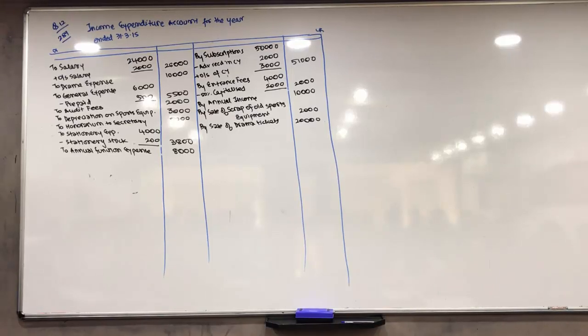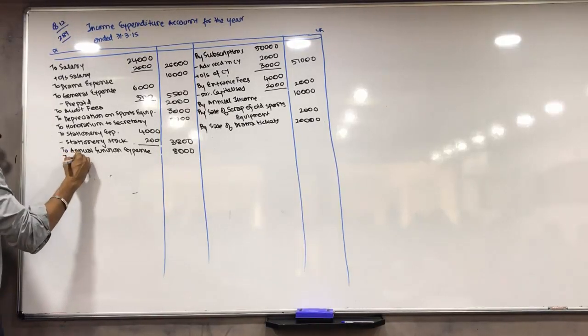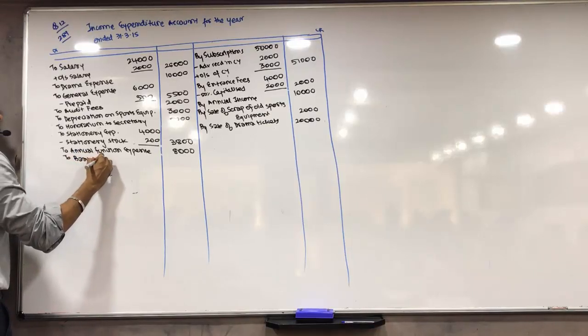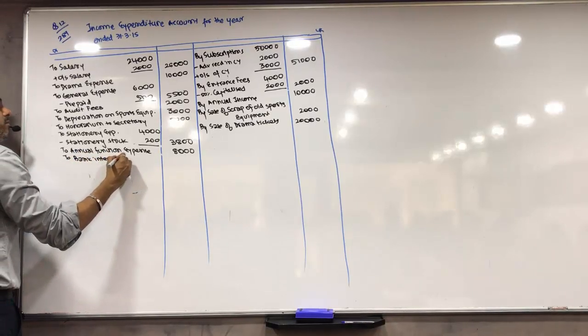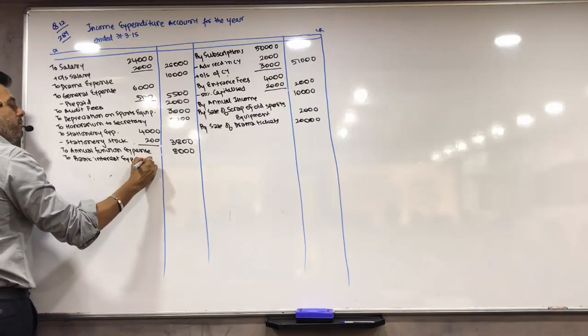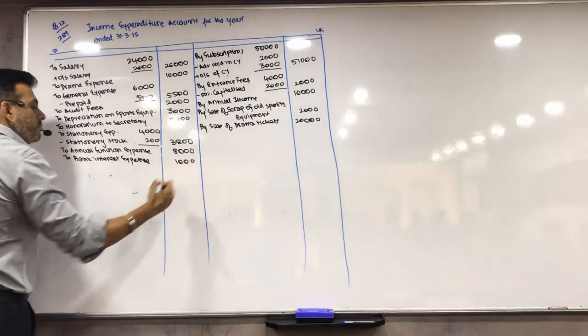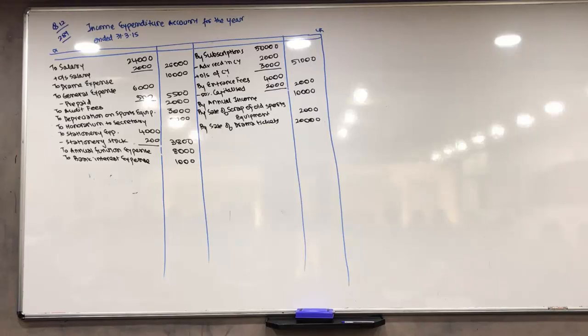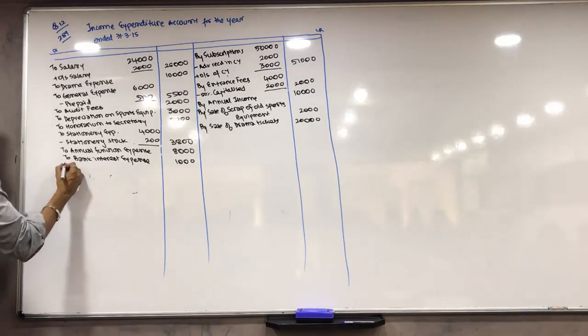Bank interest expense 1,000. Tournament expense 5,000.